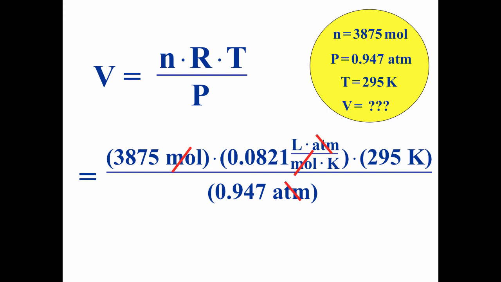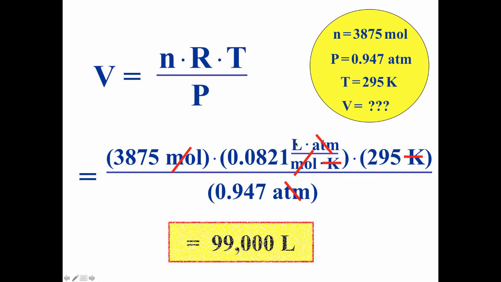Moles cancel, atmospheres cancel, Kelvin cancel, leaves us with liters, and we plug in all of our numbers and then round off to 3 significant figures, and we get about 99,000 liters. So pretty big balloon to carry our weather package up into the atmosphere.